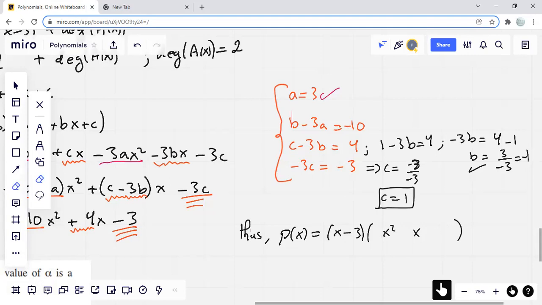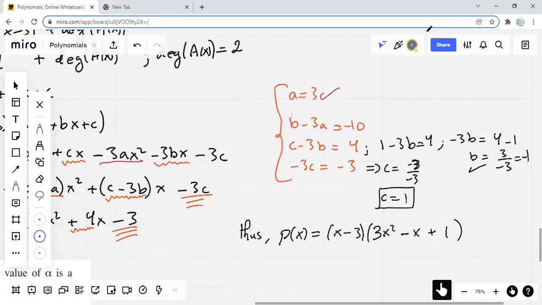So a is 3, you have 3x squared. B is minus 1, so we have minus 1x or simply minus x, and c is 1, so we have plus 1. Okay, and now we have divided p of x by x minus 3, and the answer is 3x squared minus x plus 1.